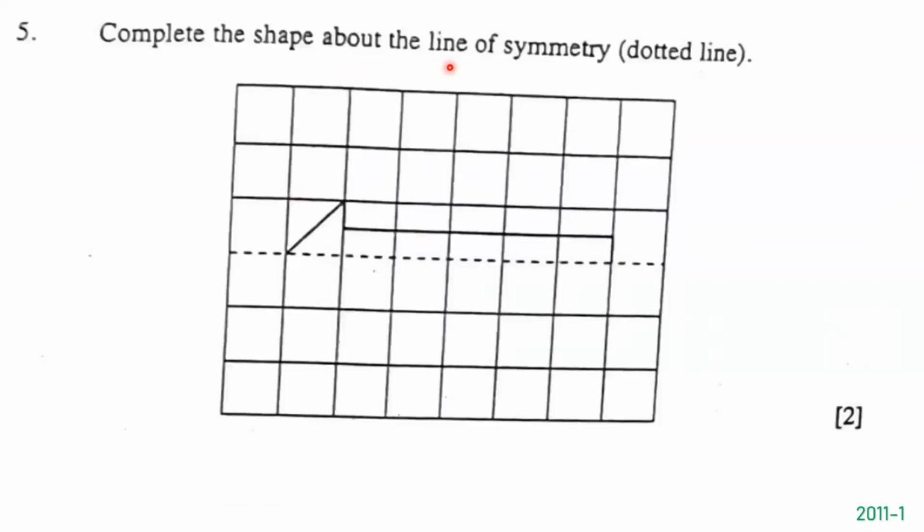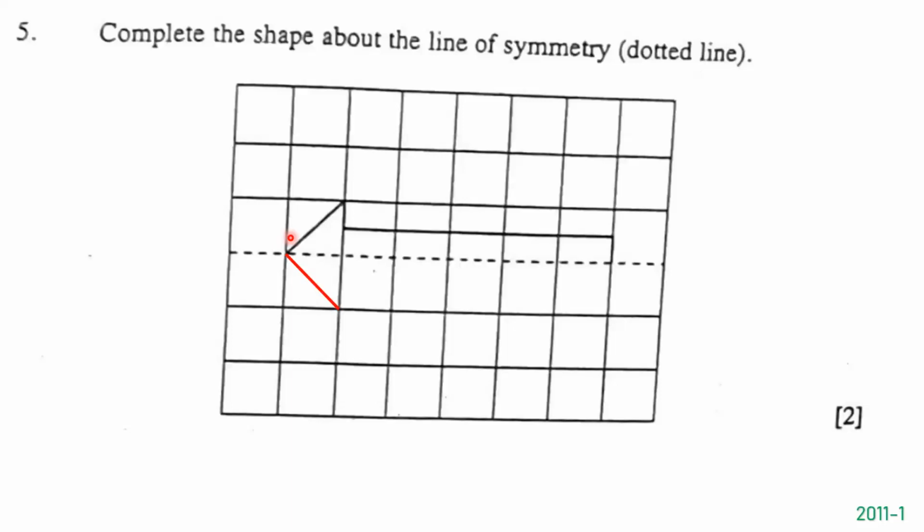Complete the shape about the line of symmetry, dotted line. So the line of symmetry is definitely this dotted line. All right, and they want us to complete the shape. Okay, so in order to complete the shape, what we have to do is consider this part.